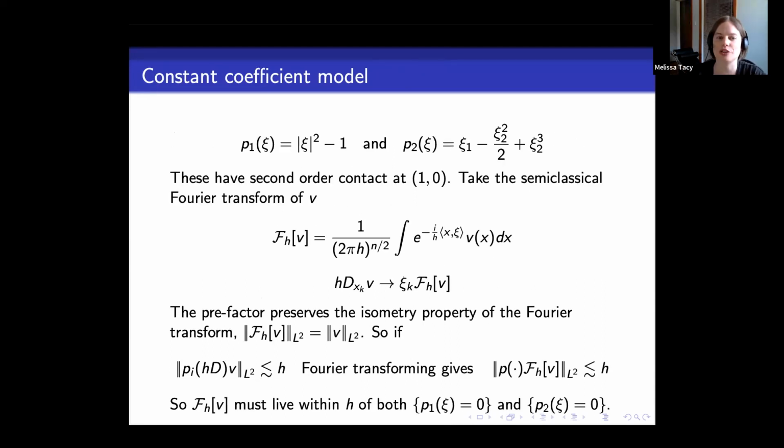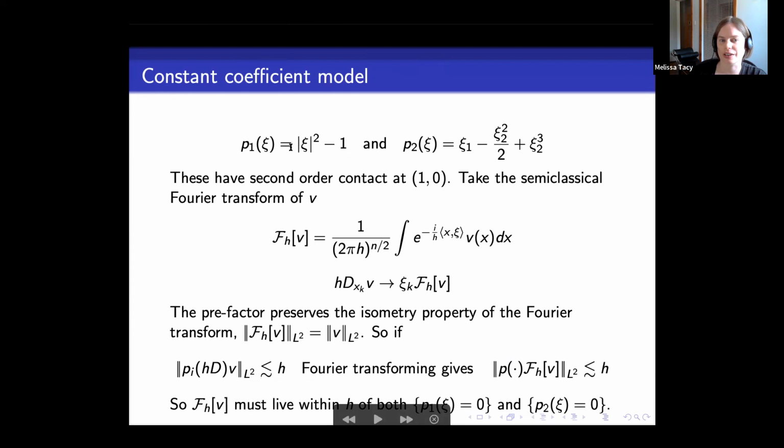And what I usually do, before I would go and try and do the general case, is I'd bring it back to a constant coefficient model and use the Fourier transform to try and get an idea on what I might expect. So here's my constant coefficient model. I'm going to let P1 be mod xi squared minus 1.